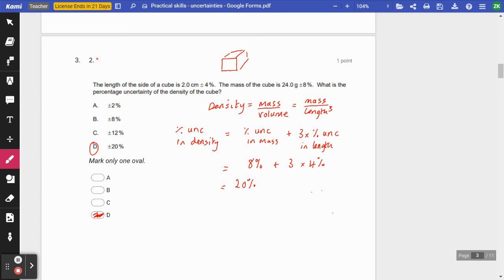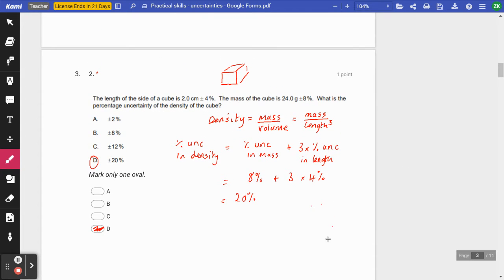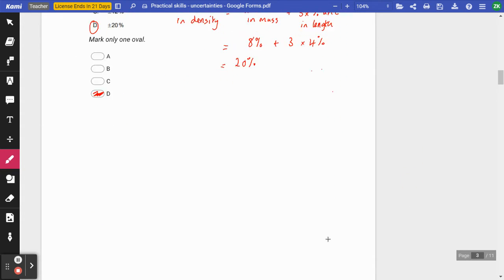So there's the answer, 20%. So here is division and a power. So division, add the percentage uncertainties; power, multiply that variable's percentage uncertainty by that power, and add them all up.